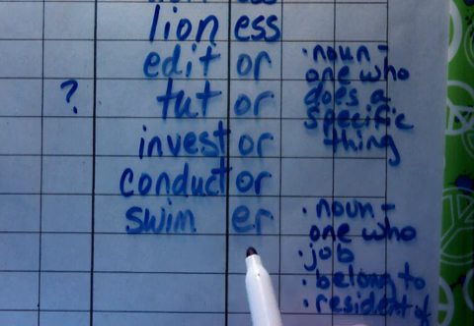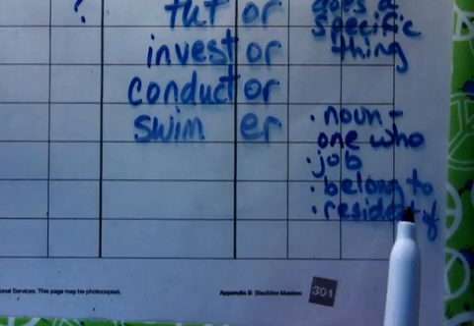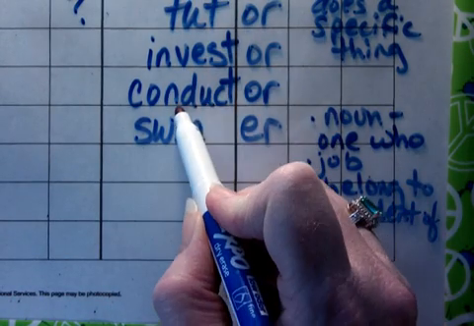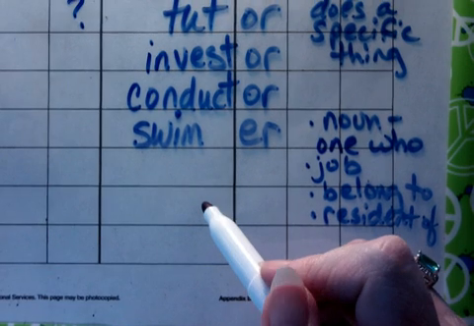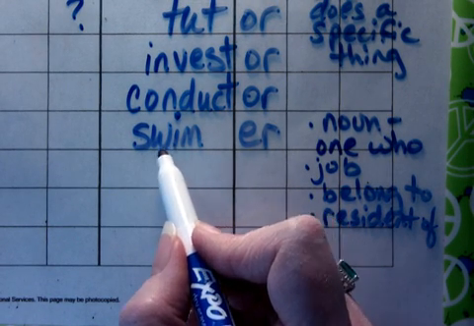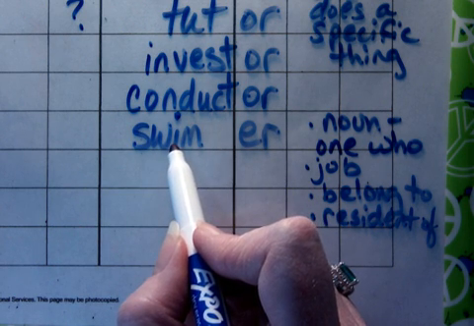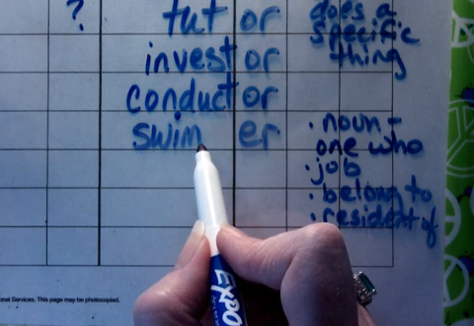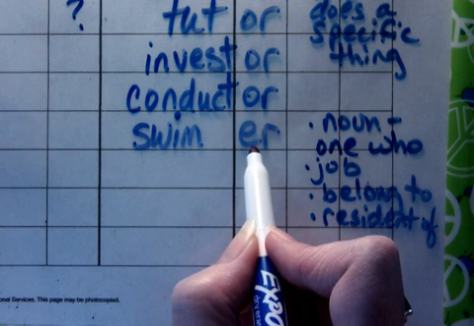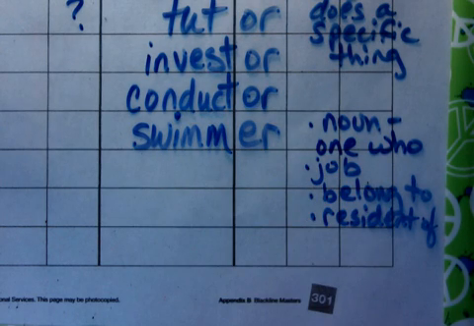But swimmer is the only one that I saw on the list that did adhere to the doubling rules. So let me say it again. A single syllable base word, it has a short vowel sound, it ends in a single consonant sound, the suffix begins with a vowel, you will double the M before adding the suffix.